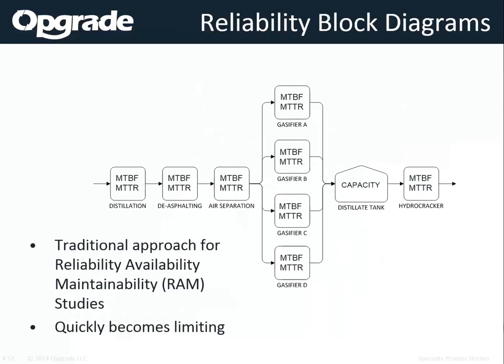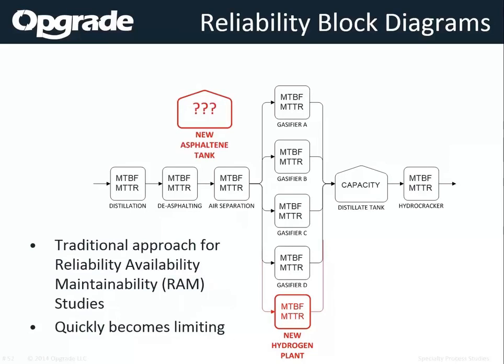Well, from a traditional reliability block diagram point of view, it would have looked something like this, where we have distillation, de-asphalting, and all these things allowing us to fill this tank. We can't fill this tank unless all these things are running, and we have this hydrocracker basically drawing down from it. Adding the hydrogen plant would be a relatively easy exercise, but where would you put this new asphaltene tank?